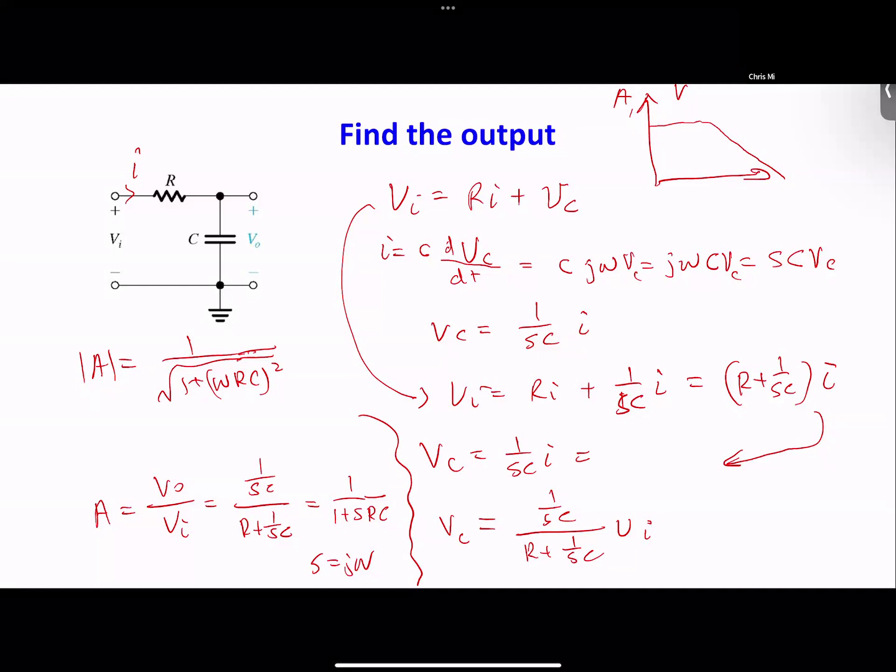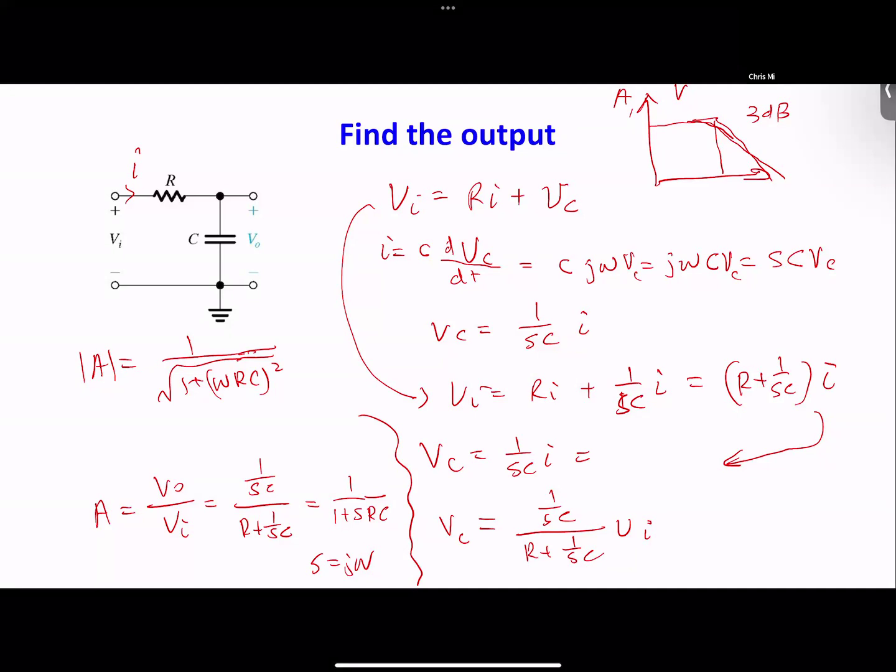And that point, in the future, we have a name for. This one is called the 3 dB point. Why is it called 3 dB? Because that's when this number equals this number, the bottom becomes the square root of 2, and the whole thing becomes 0.707.